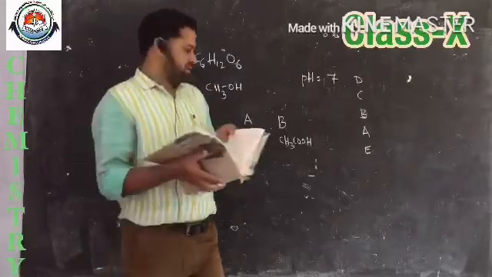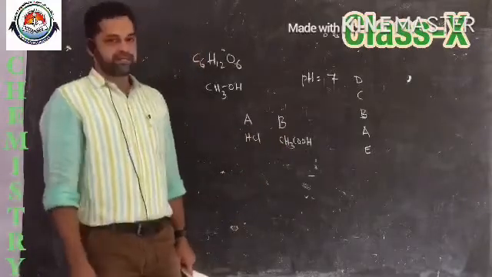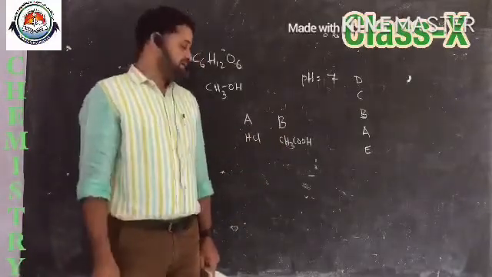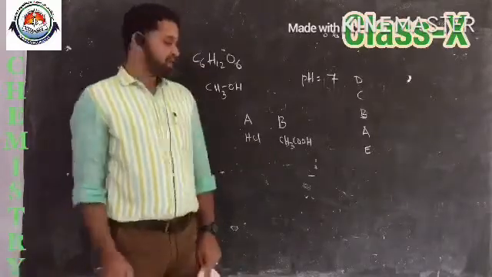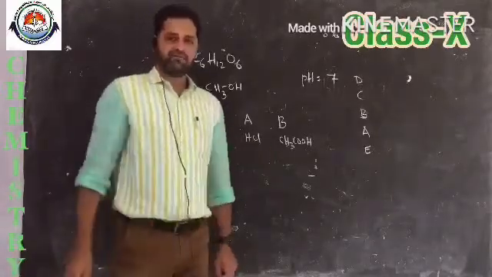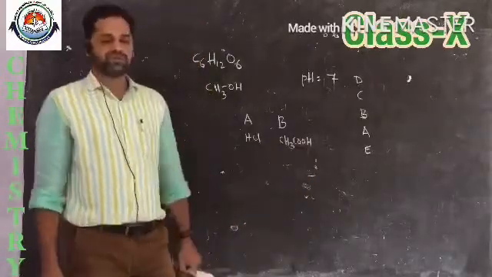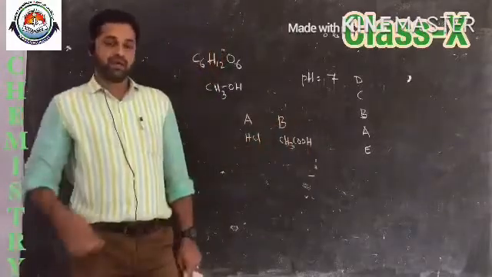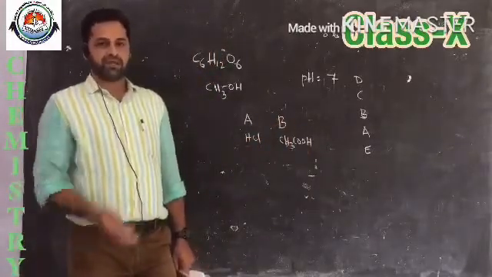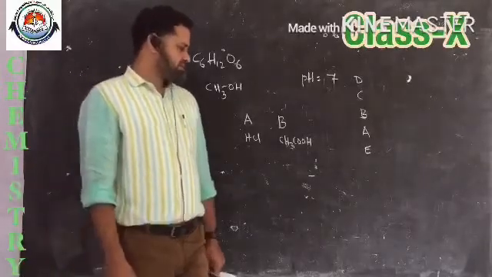We know among these acids, hydrochloric acid and acetic acid, HCl is the stronger acid. Acetic acid is a weak acid. How can we say that it is a weak acid? Because here the rate of dissociation is very less, but as compared to HCl, strong acids undergo complete ionization.